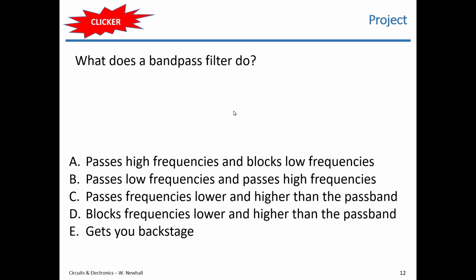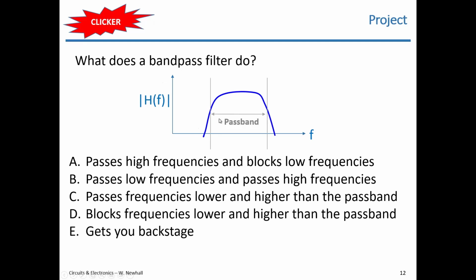An electrical filter in general passes some range of frequencies and blocks other ranges of frequencies. A band pass filter has a frequency response that looks like this. It has some pass band in the middle, above which frequencies are blocked and below which frequencies are blocked. And by blocked, I mean reduced in amplitude or attenuated.